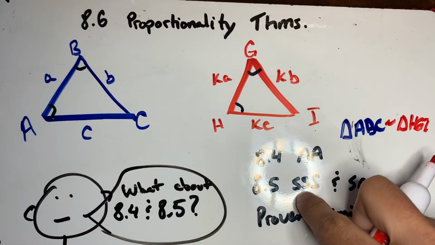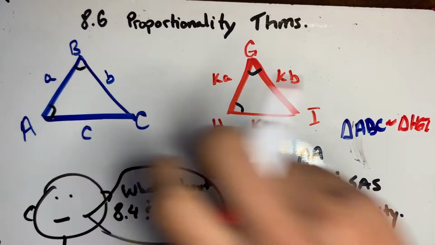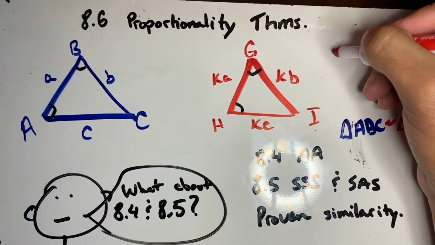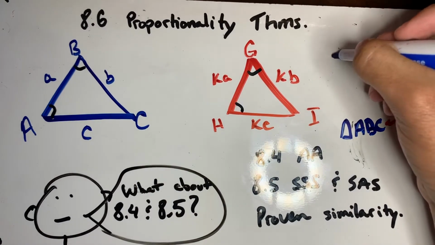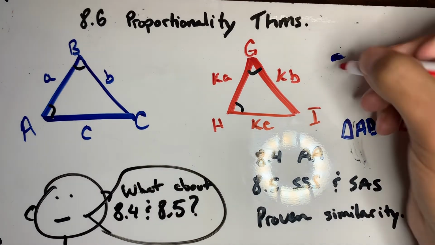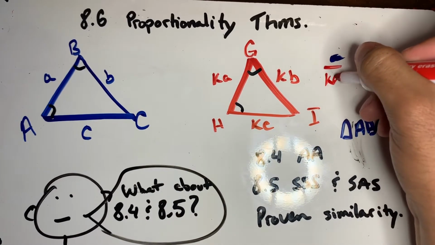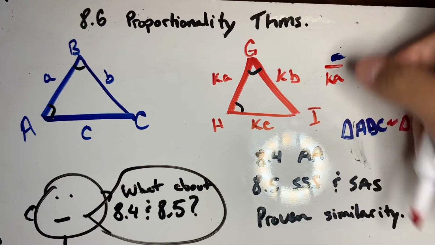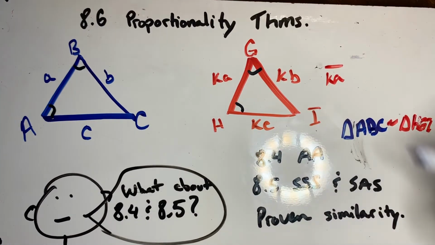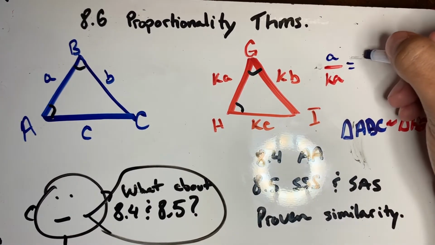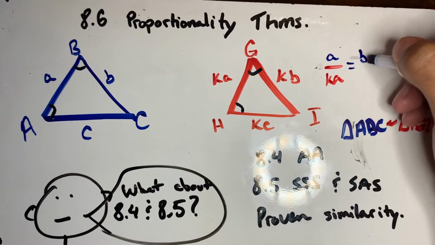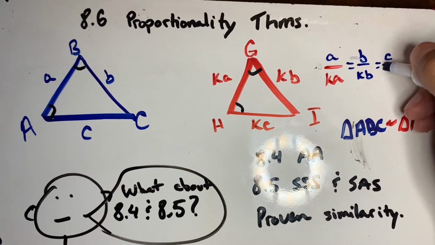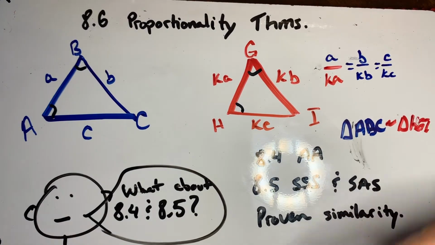And then for side, that would have been like if the ratio right here, so like A over KA was the same throughout. They were equal to each other. If they're all equal to each other, so it's equal to B over KB, which is equal to C over KC, then we can say they're also similar.